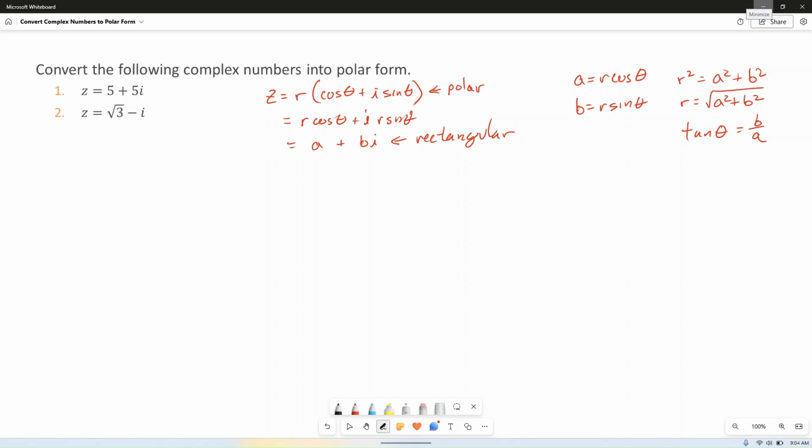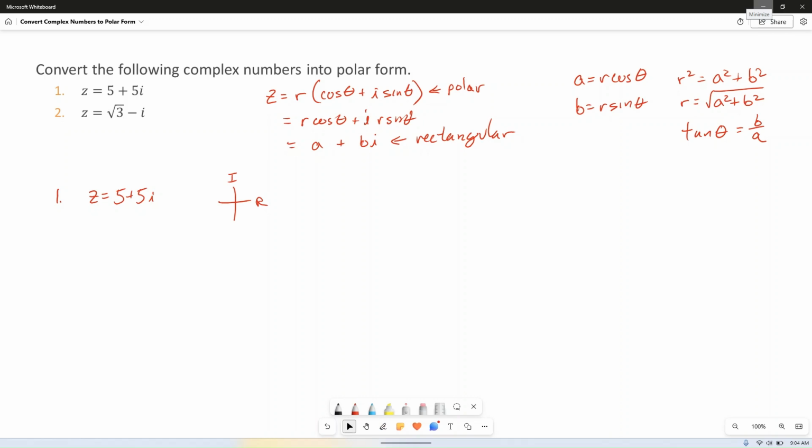All right, so a couple examples here. Our first one, we have the complex number z equals 5 plus 5i. Just so we know where that point is at, again, the real axis is the horizontal axis. The imaginary axis is our vertical axis.